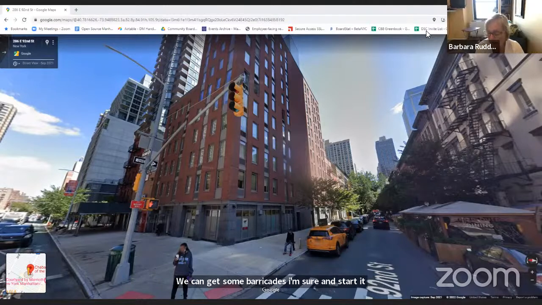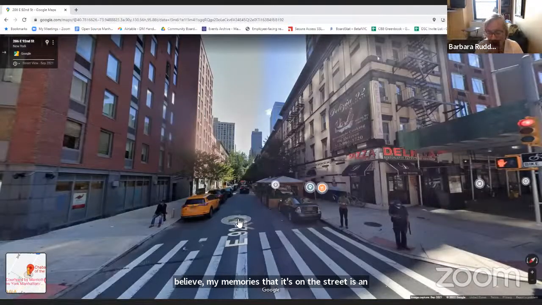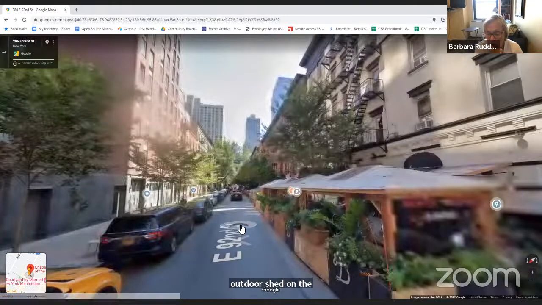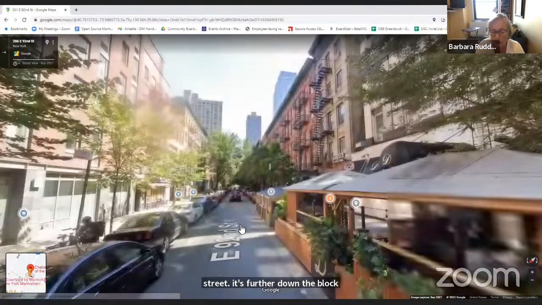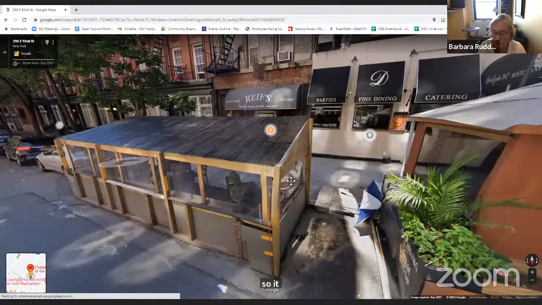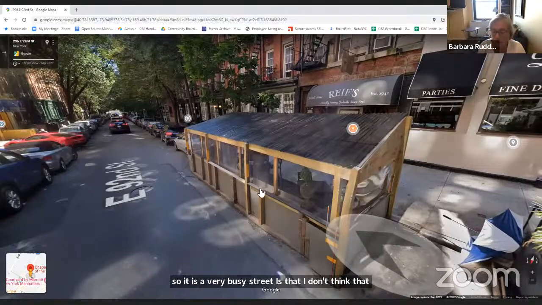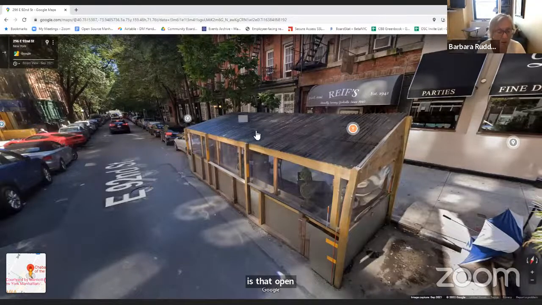And Drunken Monkey also has, I believe, my memory is that it's an outdoor shed on the street, further down the block. So it is a very busy street. Is that open? Yes, I've eaten there.